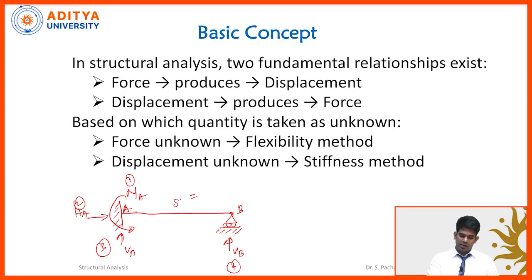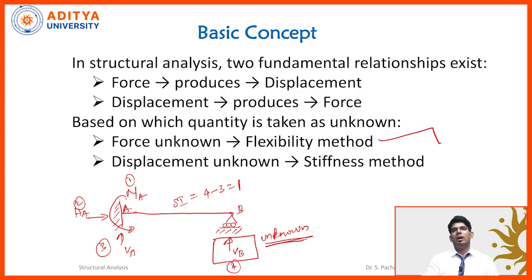Now, the degree of static indeterminacy is equal to 4 minus 3, which is equal to 1. So in terms of force, this has one unknown force, which we will consider as VB. If you consider VB as the unknown force and we are going to solve, then we solve this problem by the flexibility matrix method because the force is unknown.